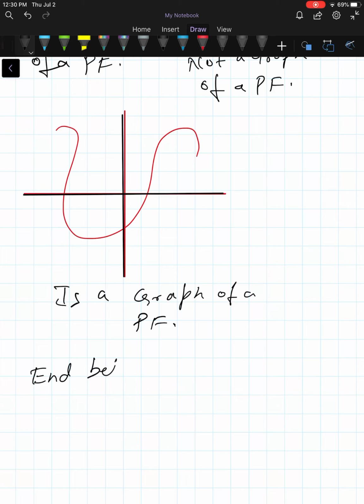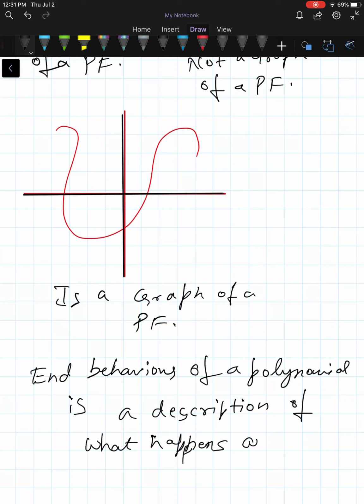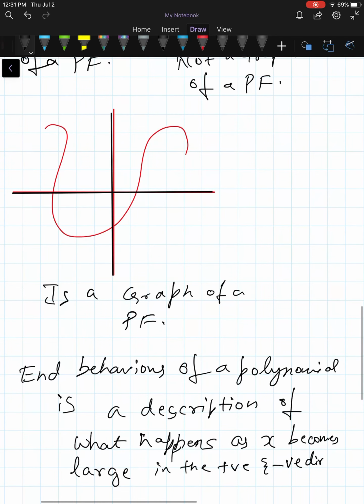The end behavior of a polynomial is a description of what happens as x becomes large in the positive and negative direction.